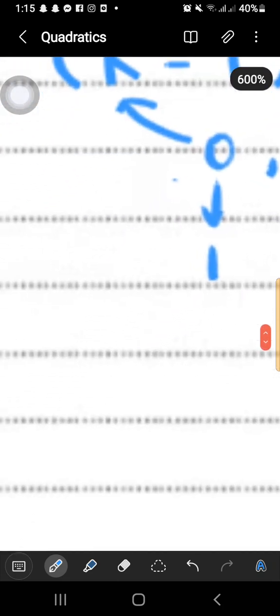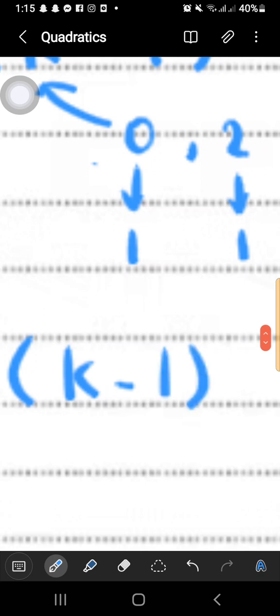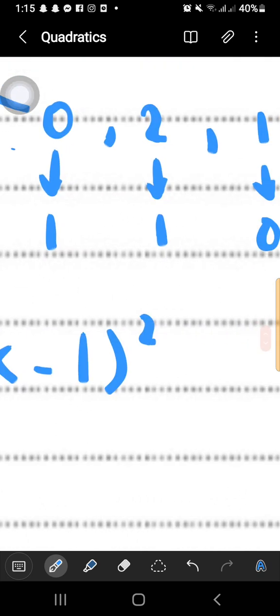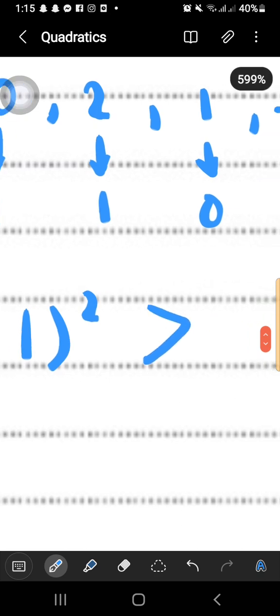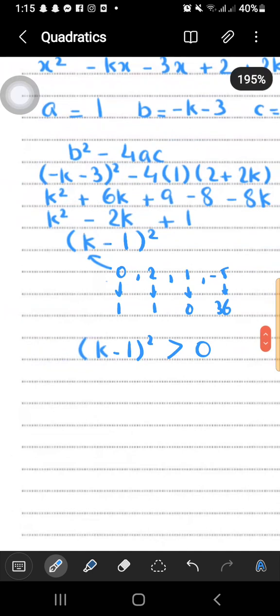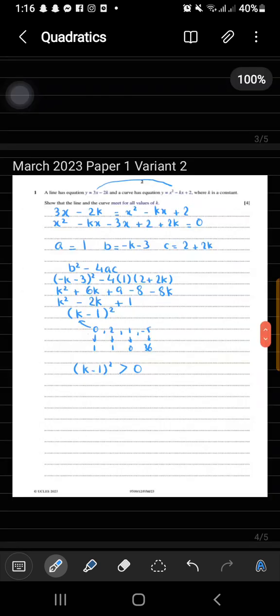So here we can show that k minus 1 whole square, anything which is squared will always be positive. And when the discriminant is greater than 0, it meets at 2 points, but here it is saying that it meets at all values of k.